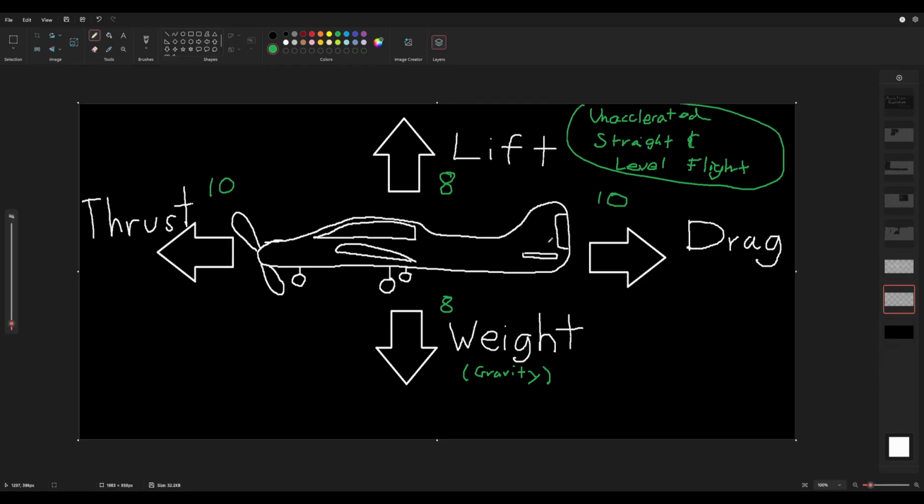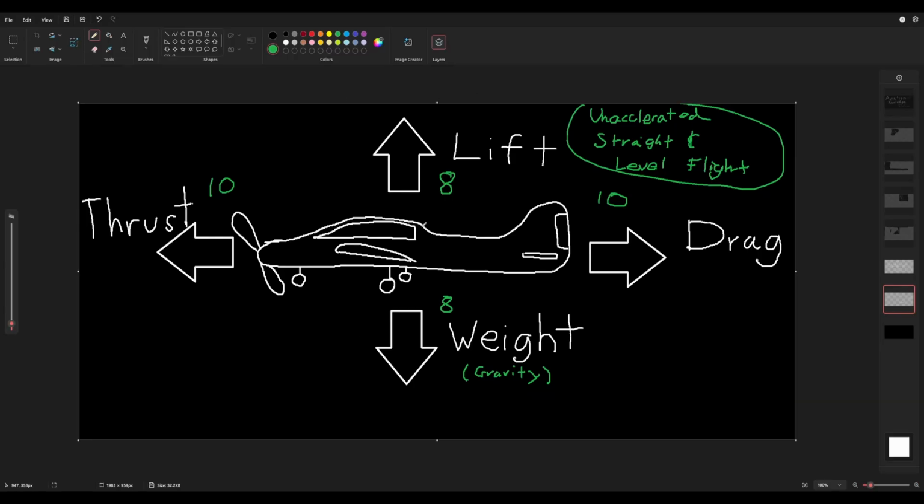One thing to note here, and that is something that's very common in the knowledge test for your private pilot license, is seeing a question with a statement asking true or false. And that statement would be, for unaccelerated straight and level flight, all forces must be equal. And that is a false statement. You can see that here by how I wrote this as an example.